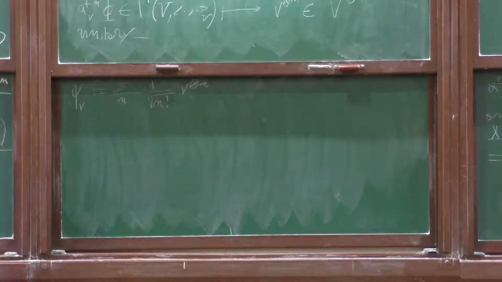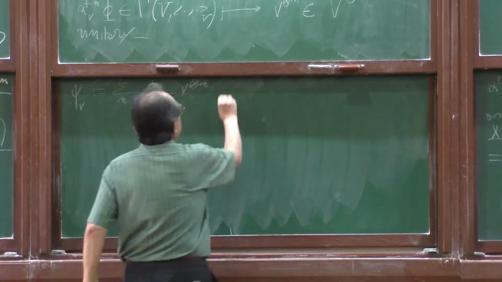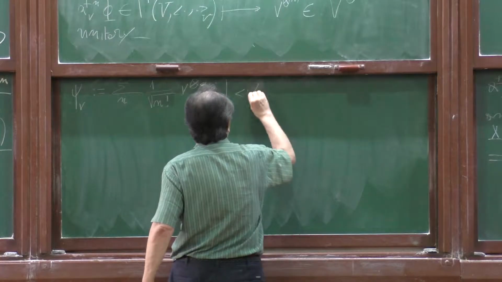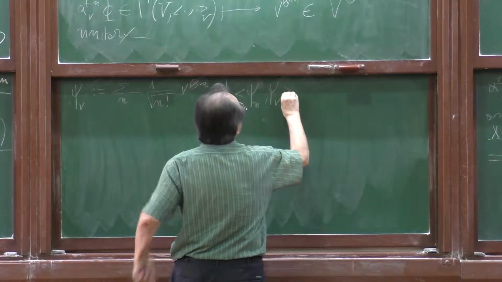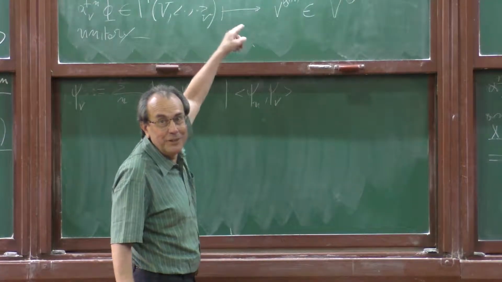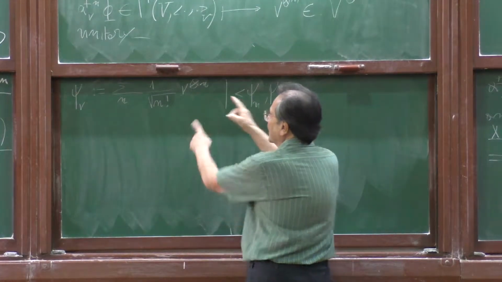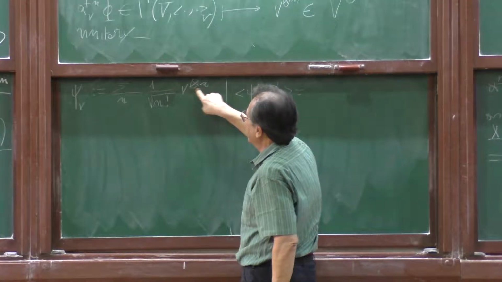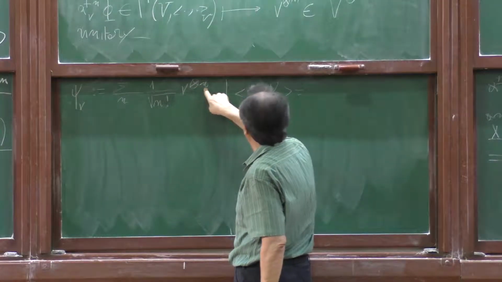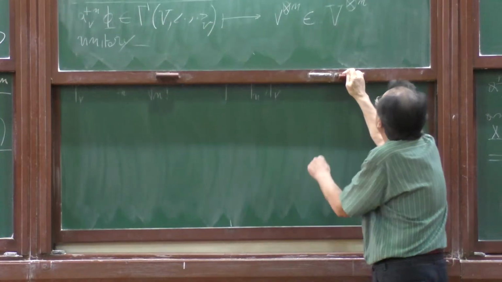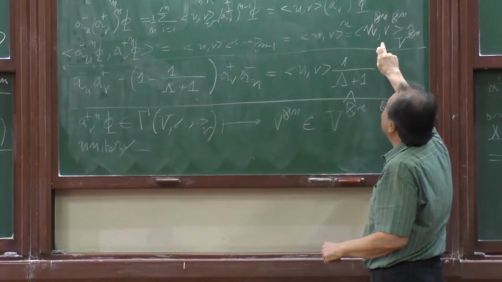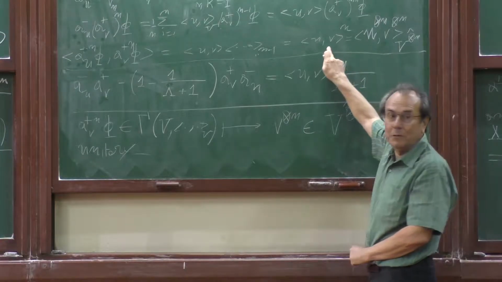Okay. So when you take the inner product of two exponential vectors with this normalization, well, you see here the tensor, you will find that this scalar product is equal to this.